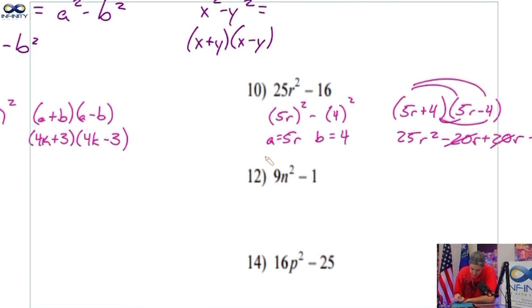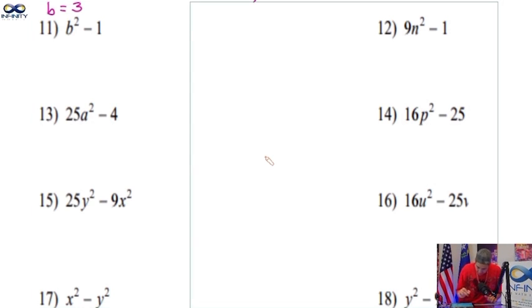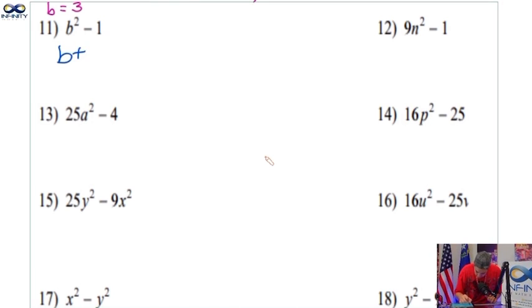Next problem says b squared minus 1. Well, b squared is a perfect square, and 1 is a perfect square. So it's going to be (b plus 1)(b minus 1). All right, 9n squared minus 1.